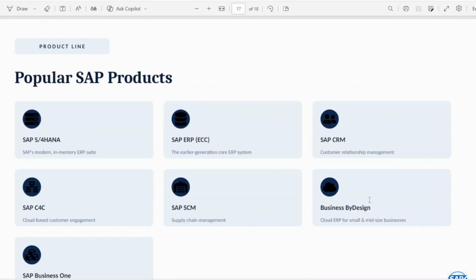We can study each of these products separately from the internet or elsewhere, so we don't need to go into depth here.